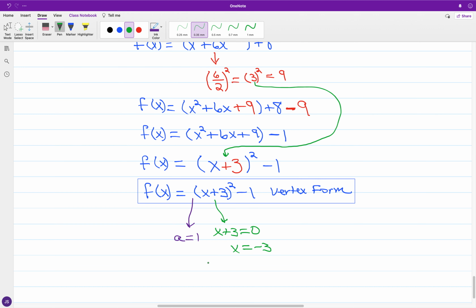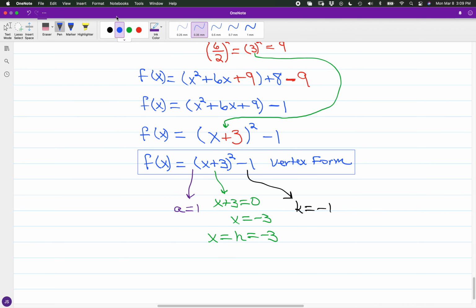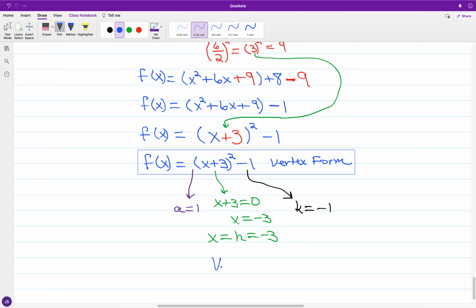So again, x is equal to h is equal to negative 3. And in terms of the k value, we have that k is equal to negative 1. So for the vertex hk, it's going to be at negative 3 and negative 1.